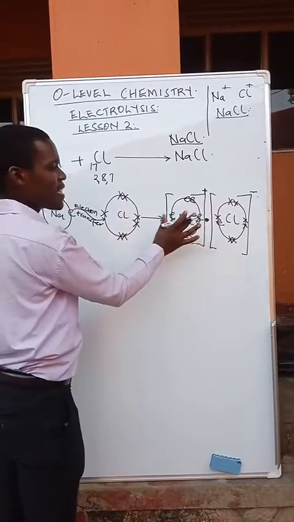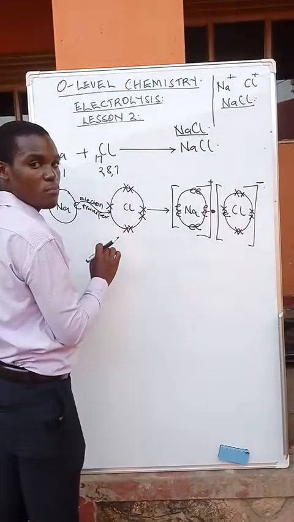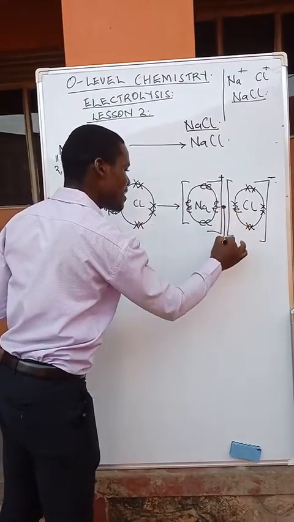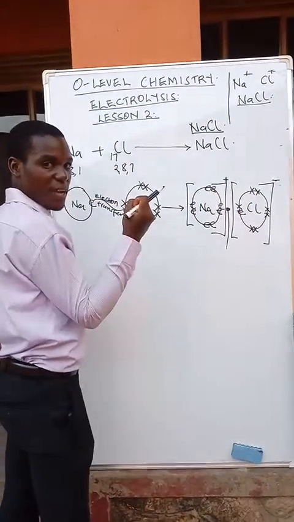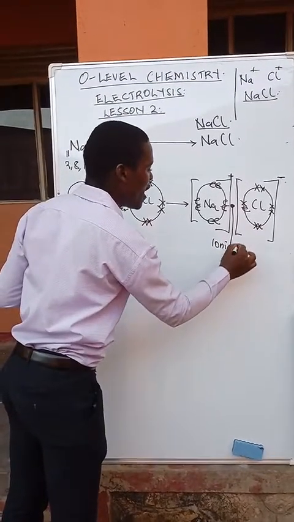Alright, hope you can clearly see that now the ions are coming. We have formed the sodium ion, positive, and a chloride ion, negative. This bond that holds these two ions together is the ionic bond.